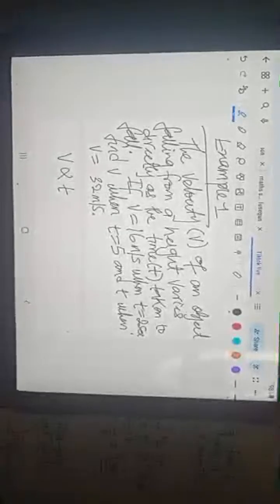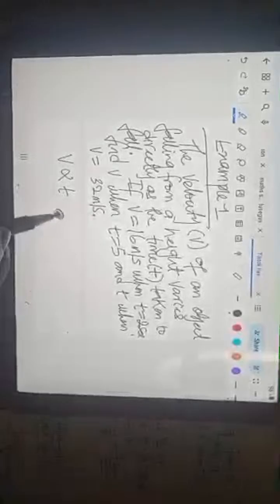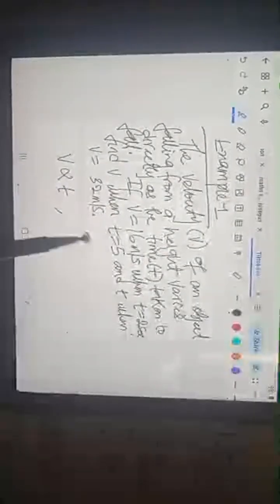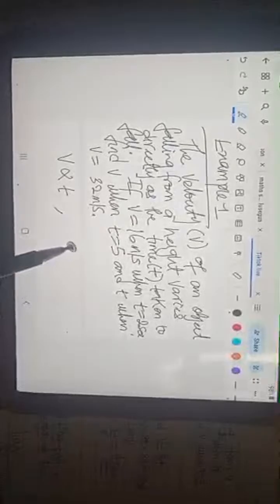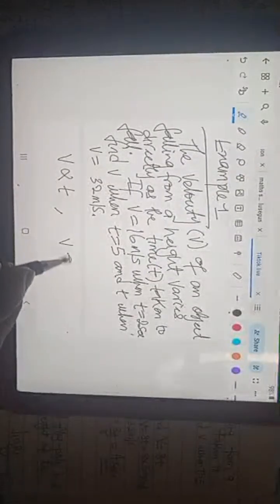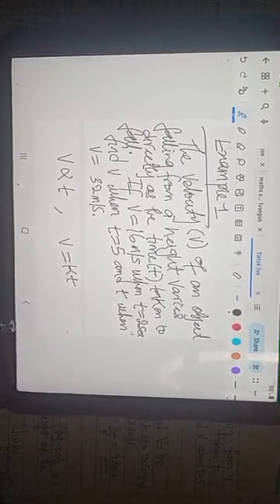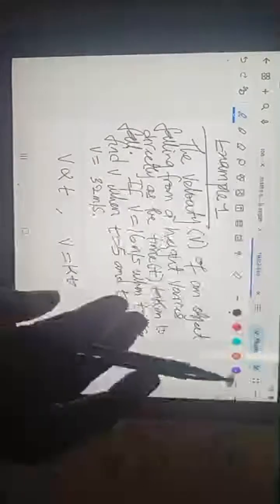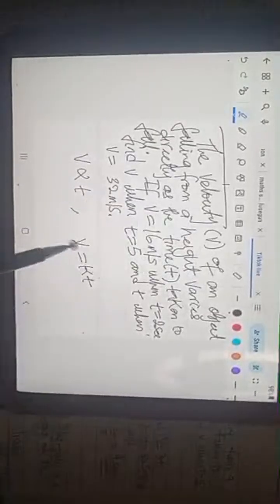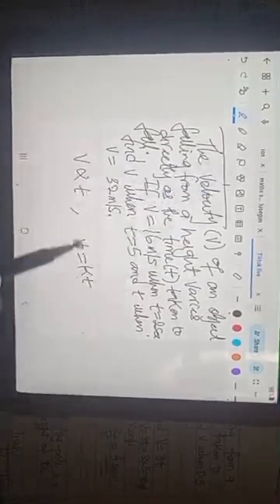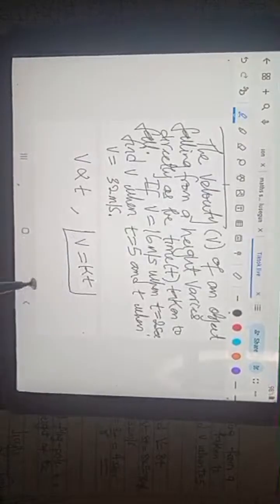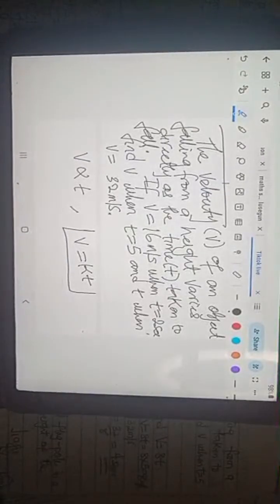In case you now want to write it mathematically, it will be v is equal to kt. This is just the formula that we need to understand: v is equal to kt.